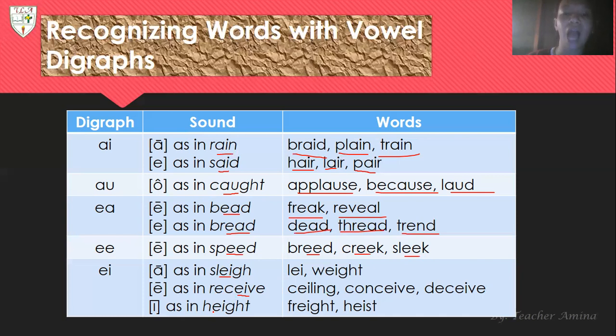For examples of the long A sound as in sleigh, we have lay and wait. For the long E sound as in receive: ceiling, conceive, and deceive. For the long I sound as in height: fright and height.